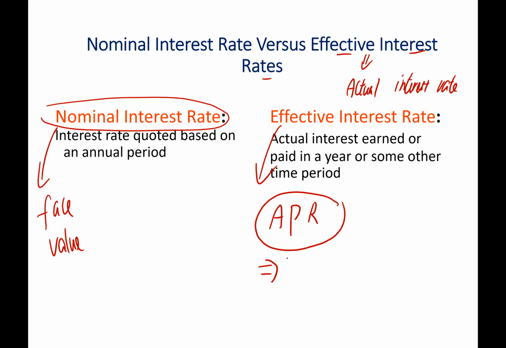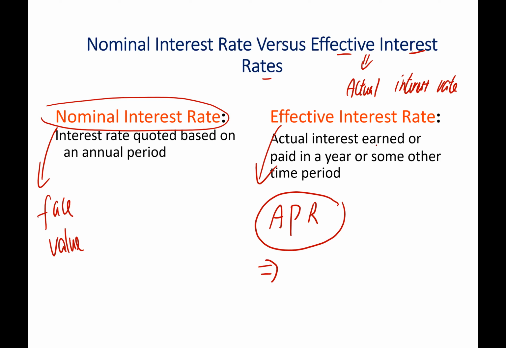It's what they call the effective interest rate, because the effective interest rate considers the compounding period. So if the bank tells you it's 1% compounding monthly, the actual interest rate is more than 1%.